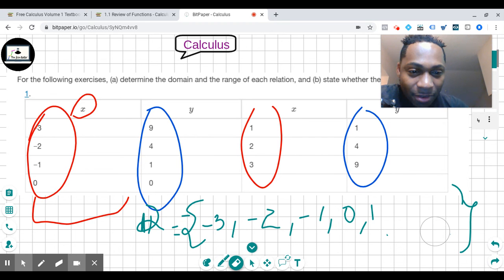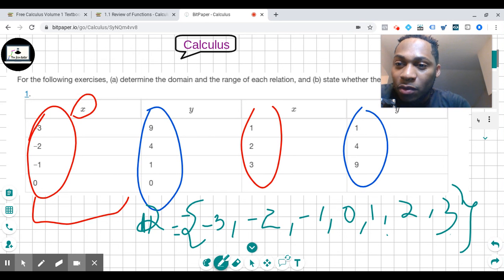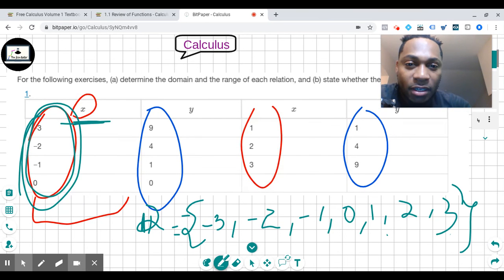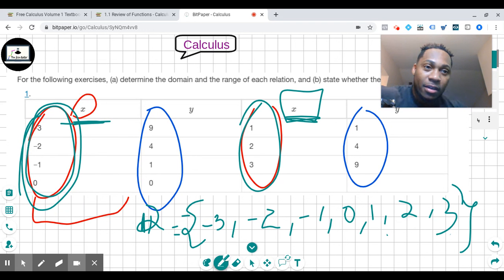Sorry, not 4 and 9, that went into the range. So the x values, you see the value of x here and also x here. These are part of the domain. The values of x are the domain.